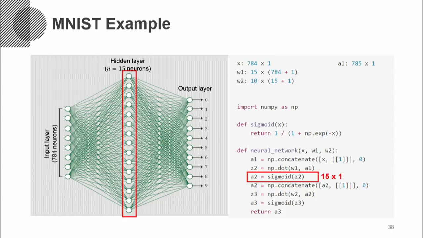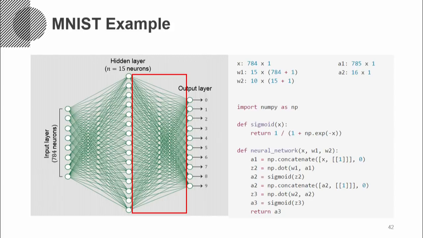And then the size will still be the same, and then we add one more node that contains this constant of 1, so that we can linearly combine the previous output and this constant to generate the next layer's output. Then the size of this hidden layer node will be 16, and thus A2 has the size of 16 by 1.